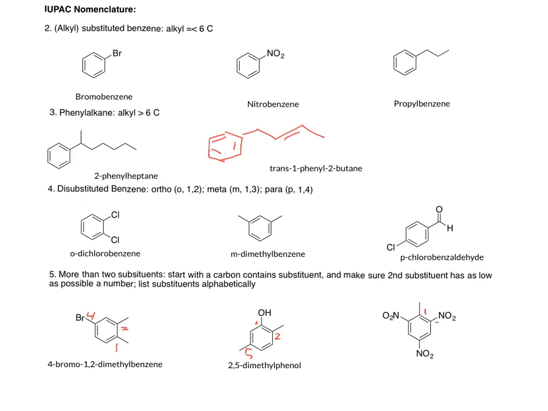So your nitro groups would be bonded to carbons number 2, 4, and 6. Therefore, the IUPAC name of this compound would be 2,4,6-trinitrotoluene.